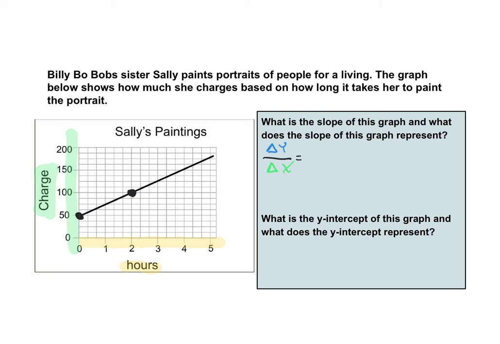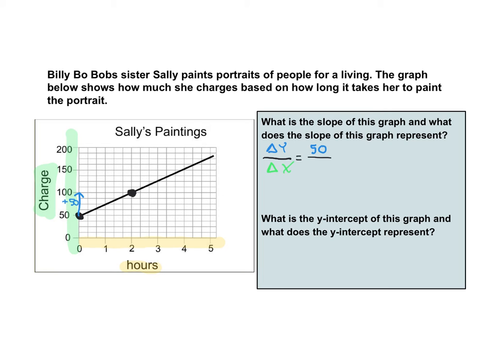I'm going to start with my change in y. So from my bottom point to my top point, I'm really only moving up 1 unit. But that 1 unit represents adding 50 because my scale is in 50s. So my change in y is a positive 50.